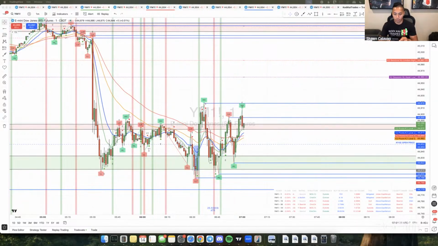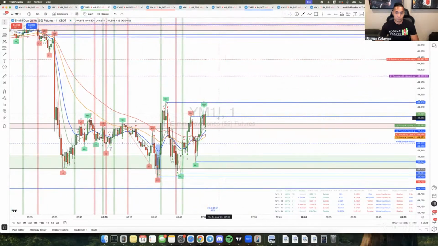So again, right there, another fake out sweep to the downside. So we'll see what happens here if price breaks above this area.